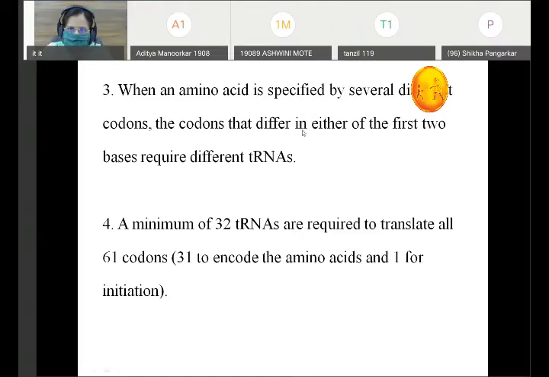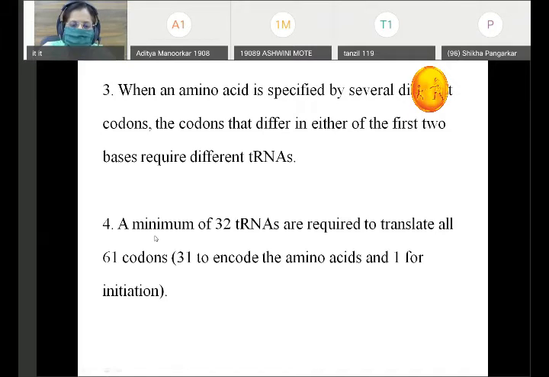Okay, okay. When an amino acid is specified by several different codons, the codons that differ in either of the first two bases require different tRNAs. That means the third base is always responsible for the wobbling.